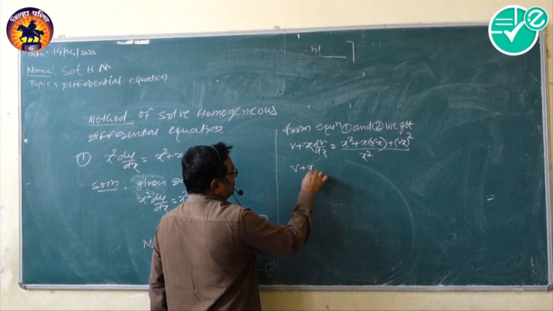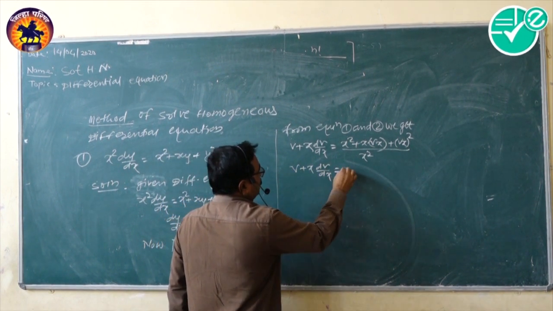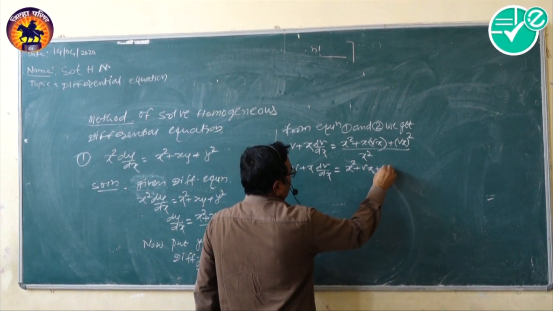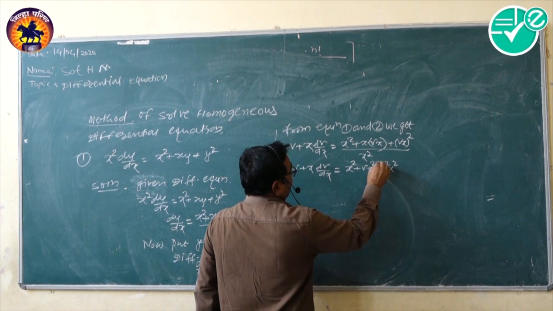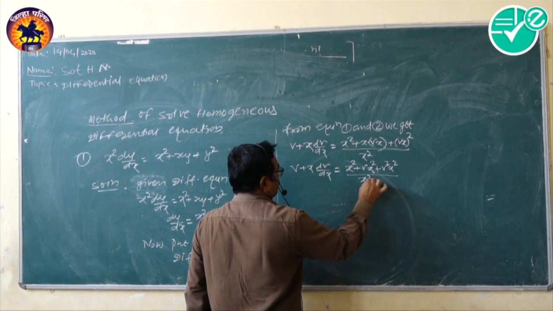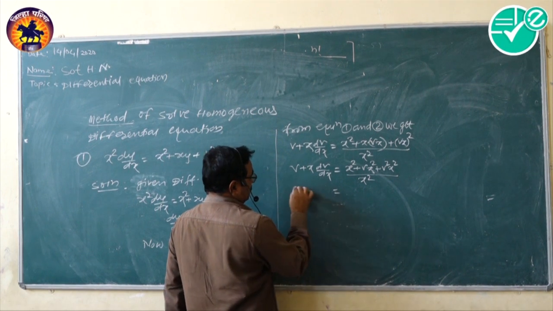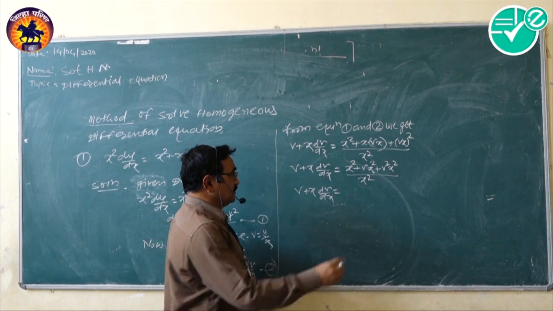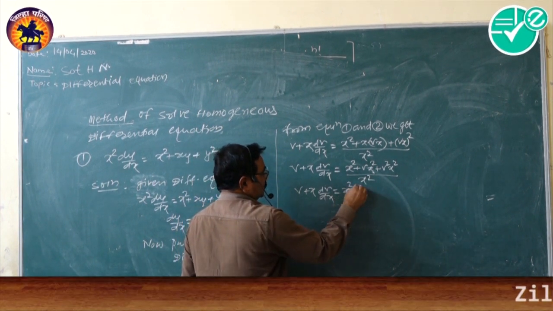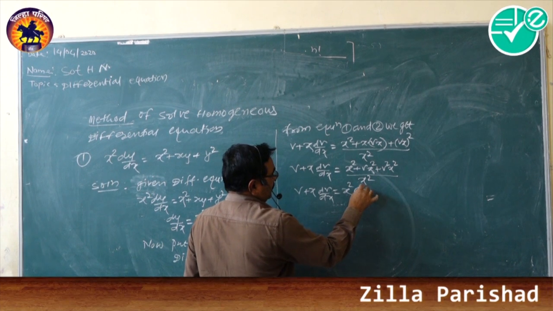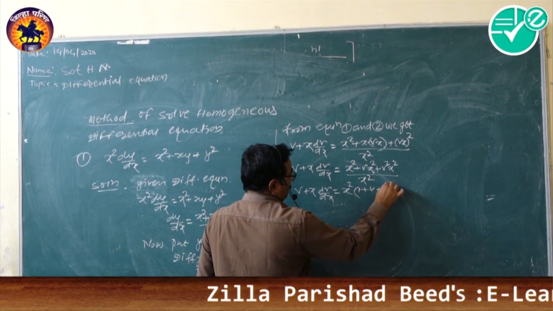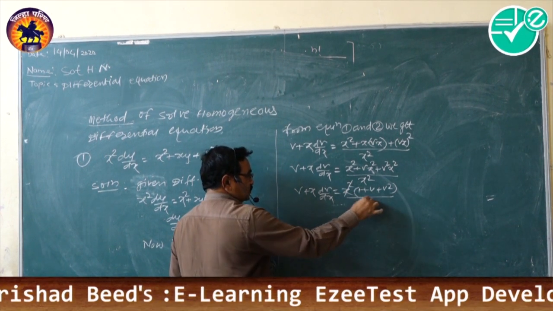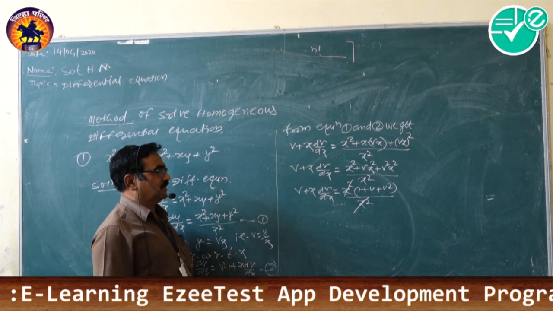v + x dv/dx = (x² + vx² + v²x²)/x². After this, take x² common: x²(1 + v + v²)/x². The x² and x² cancel.